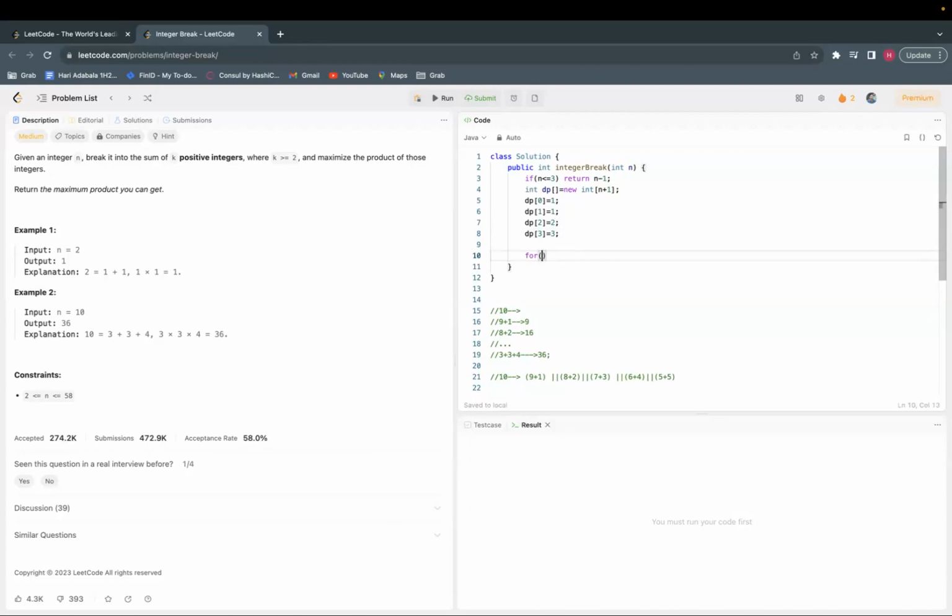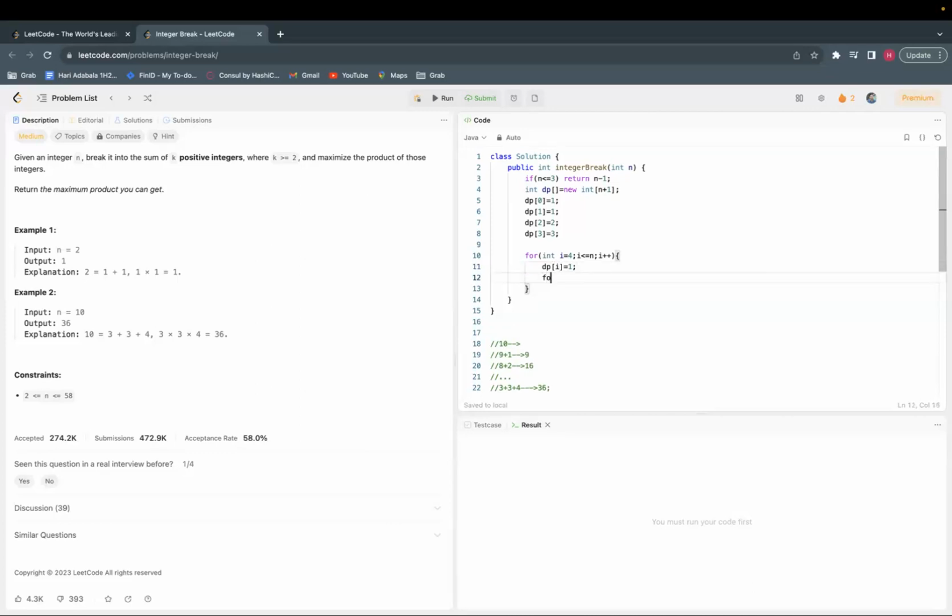And now for i equal to 4, i less than or equal to n, i plus plus, let's put dp of i as 1.